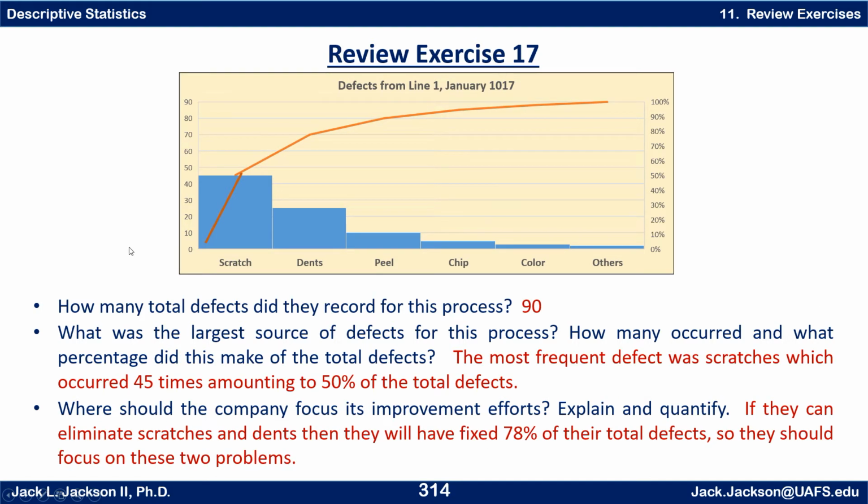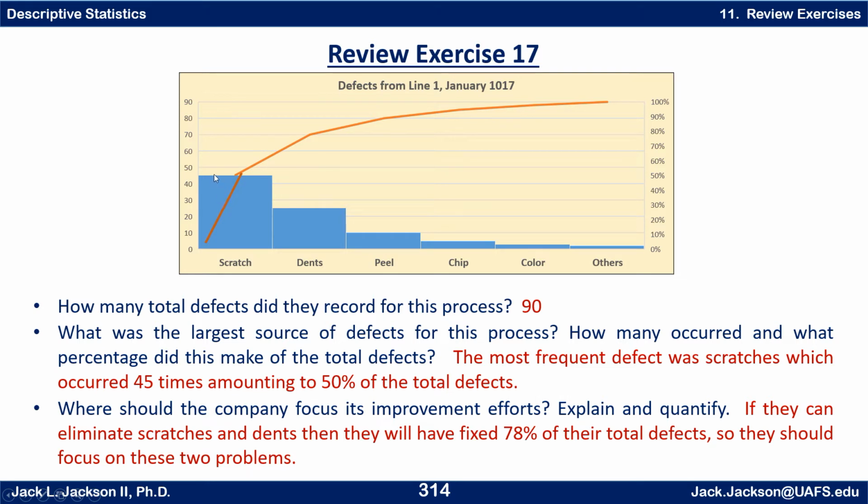Well, there are 90 altogether. How can we see that? Well, a couple ways we can see that are that the total amount goes up to that line right there, which is a count of 90. So that's the easiest way to see it. What was the largest single source of defects?